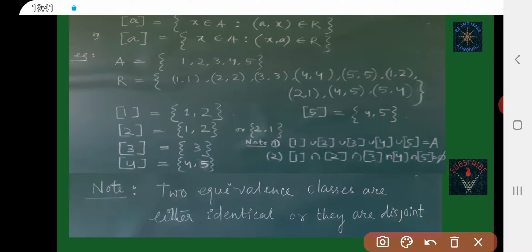But you see now 2 and 3 equivalence classes are disjoint. Disjoint or not? Disjoint. This and this equivalence class are disjoint. So two equivalence classes are either identical or they are disjoint.